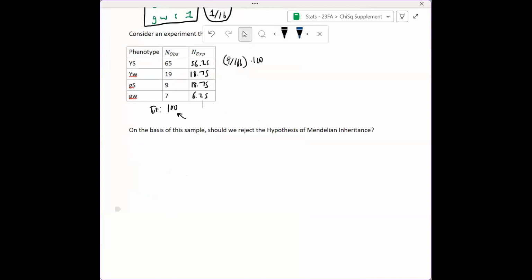And then if we run our hypothesis test, we want to take our observed minus expected squared over expected for each of these. Add them together.